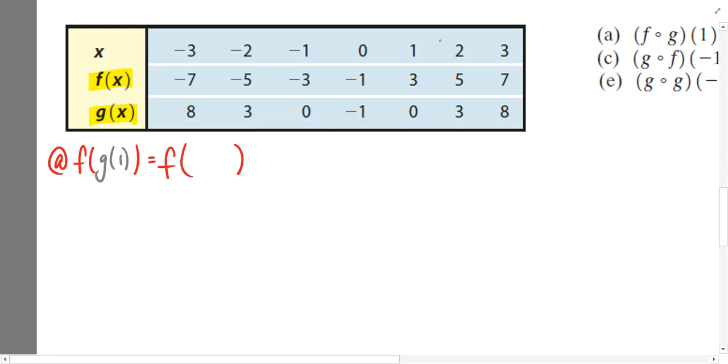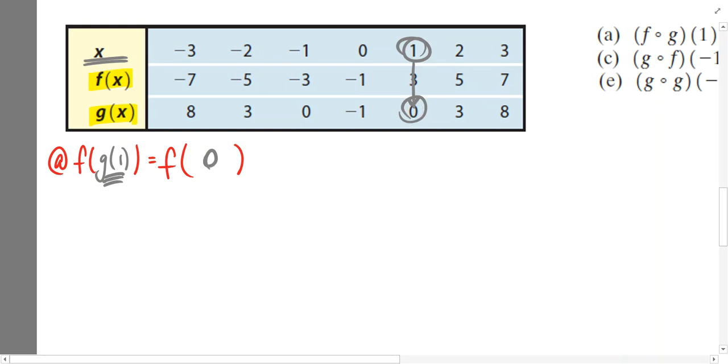Now, using this table, I'm going to find 1 on the x input row, and then I'm going to look down to the g line and find out what the output is for g. So when x is 1, the output for g is 0. And it's the output of the g function that now becomes the input of the f function.